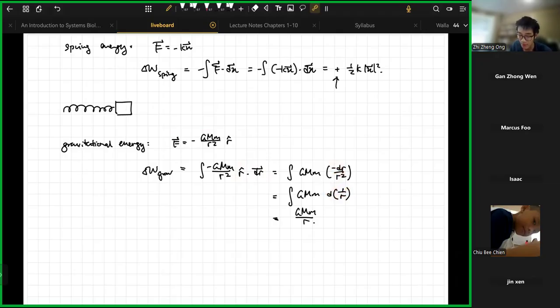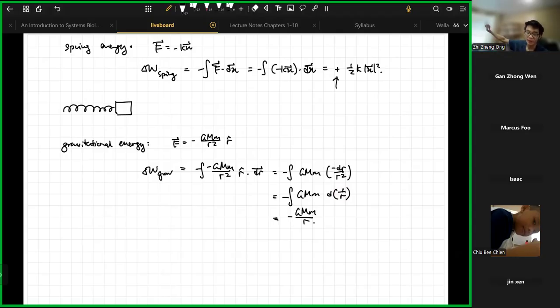And so finally you get GMm over r. If you've done gravitational problems before, you might say, oh wait, this is missing a negative sign. So this sign convention thing comes up again. You have to be cognizant of whose energy you're talking about. If you're talking about some object that you come in and use a hand to pull to infinity.